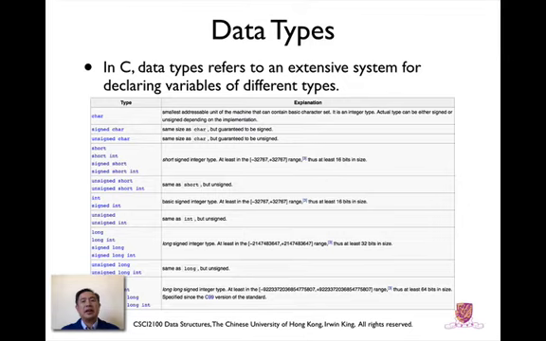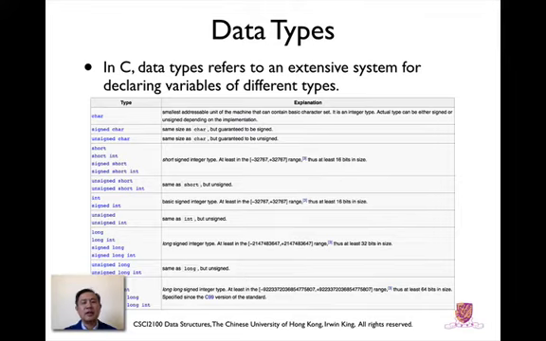So here we see a simple chart that lists all the arithmetic data types in C. So you have the basic character, CHAR, or integer. The integer could be a short, it could be a signed short, it could be a long integer, and the way that each one is implemented would be different.